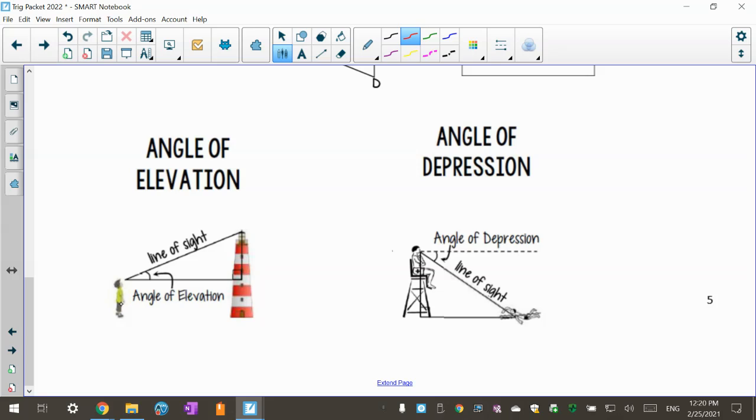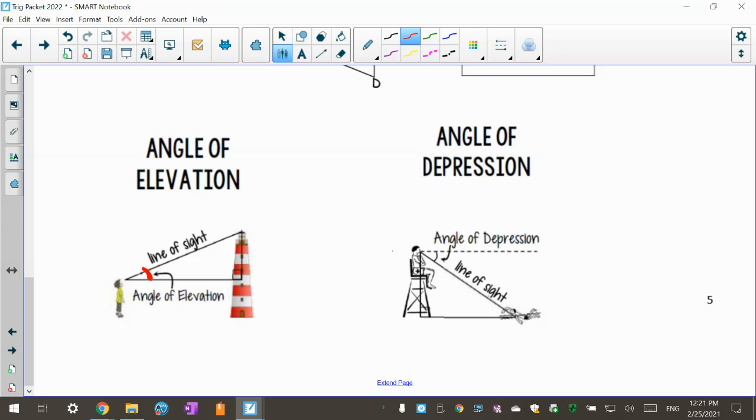I have this person here, and if this is their line of sight and they're looking at this light tower, the angle of elevation is the difference between the horizontal line and their line of sight. So the angle of elevation is always on the bottom, okay? It can be the other way, but it's usually the elevation of you're looking up, okay?